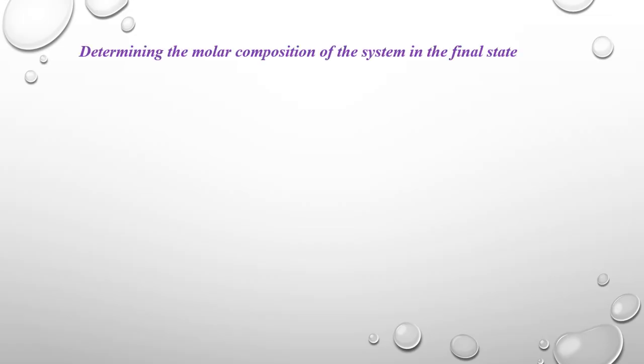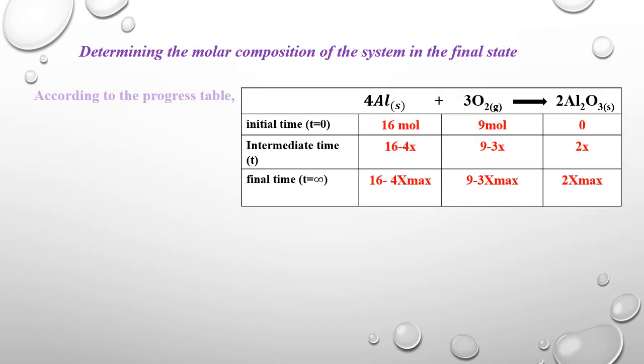Determining the molar composition of the system in the final state. According to the progress table indicated before, we have to substitute x max of the limiting reactant.